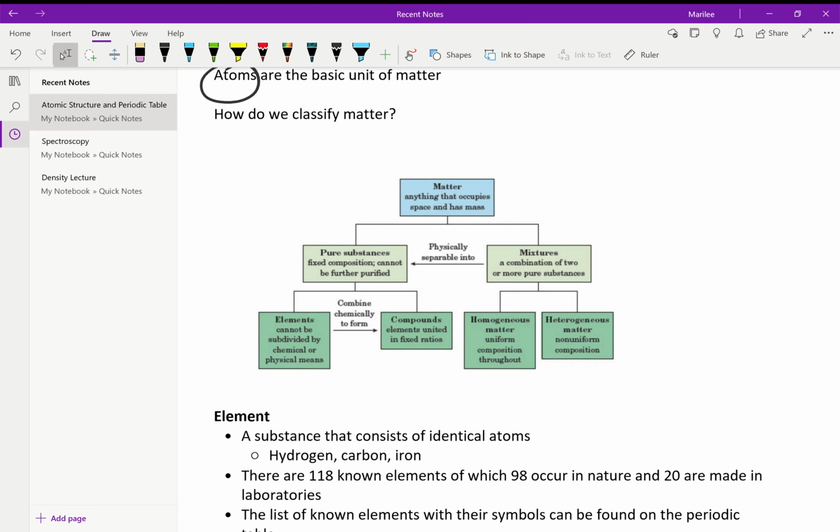So those are like chlorine or helium gas. Another example can be pure gold. And then if you chemically combine these with other elements, you can form compounds. What are compounds? An example, table salt is a compound.